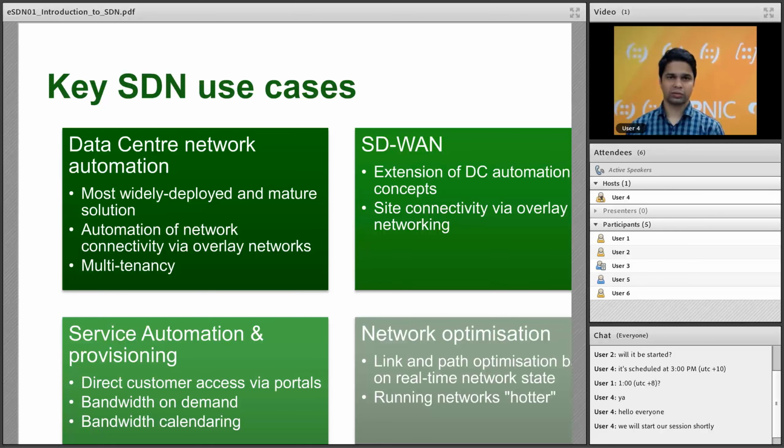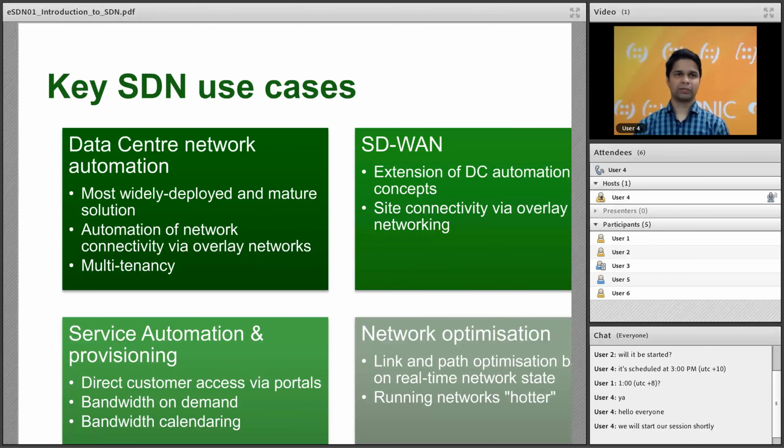So far all the solutions are mostly data center centric, and it could automate the network connectivity via overlay networks with a multi-tenancy, multi-vendor solution. SD-WAN is catching up. It's the extension of the data center automation concept, able to integrate NFV with that and provide site connectivity via overlay networking.